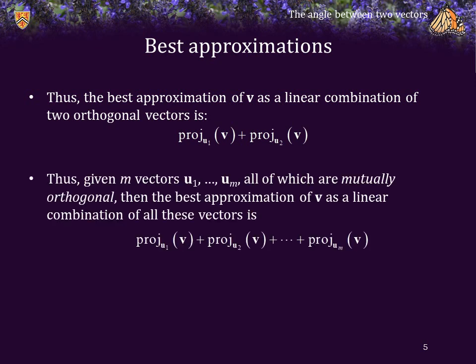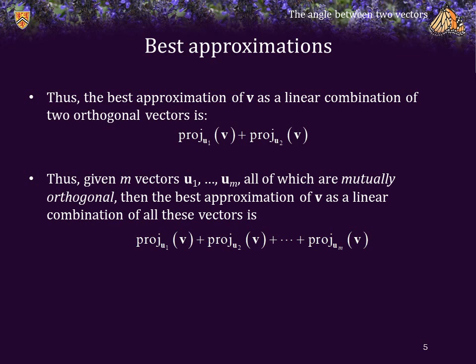Beyond the scope of this course, but you can work it out yourself, proof by induction actually, given m vectors, all of which are mutually orthogonal, then the best approximation of v as a linear combination of these vectors is just the sum of the projections of v onto each of these m vectors.